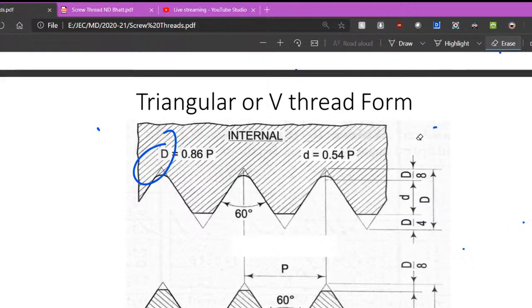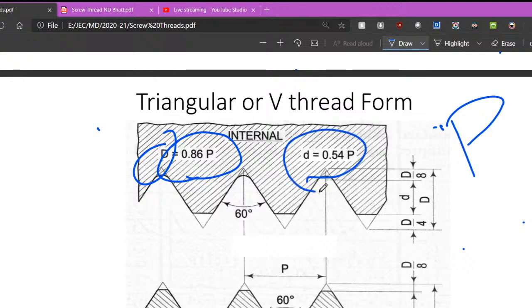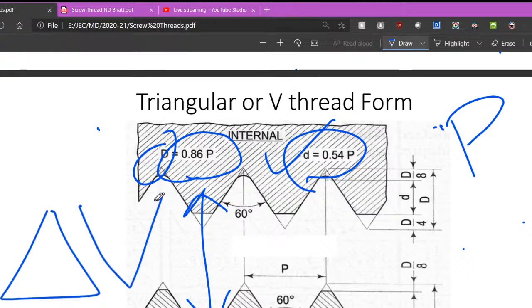So theoretical depth should be 0.86 p. P is your pitch, and actual depth is 0.54 p. That is for internal thread. And see, theoretical depth for external thread is 0.86, both same, because this is triangular V thread and fundamental triangle for both.